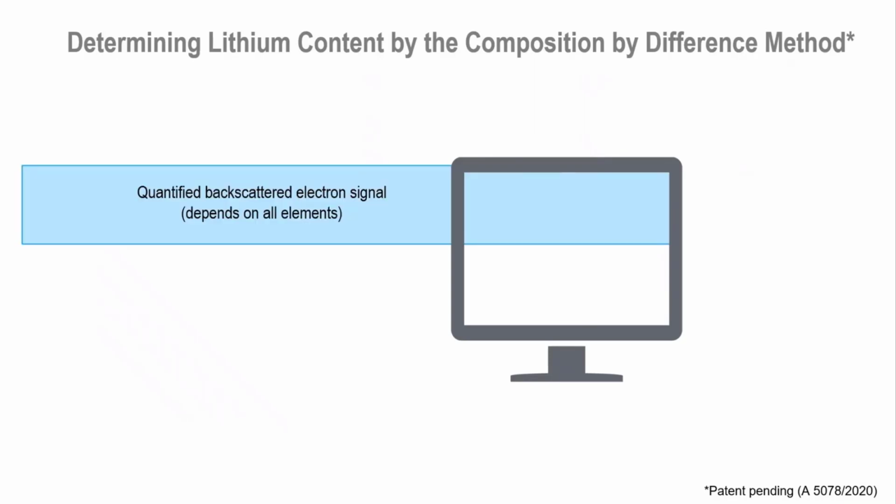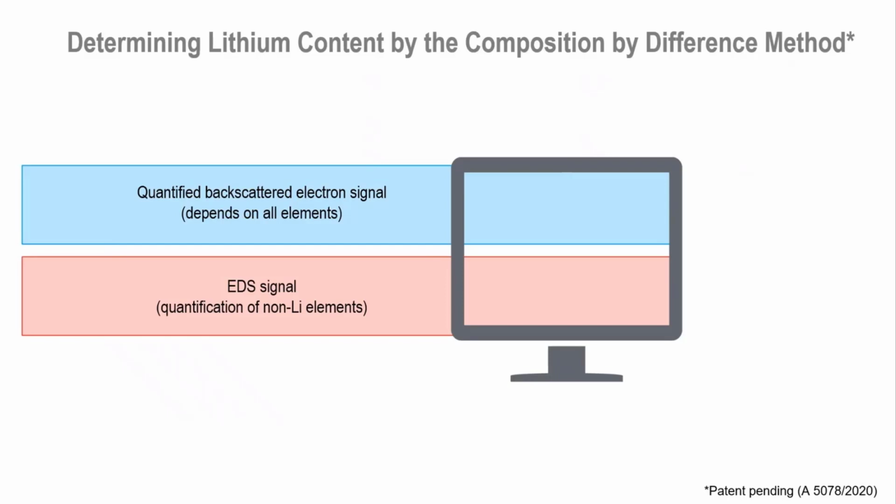So in this approach, we take the backscattered electron signal, which depends on all elements, and we quantify that. This allows us to determine the mean atomic number of a region of interest that we're analyzing. From the same region of interest, we also collect the EDS signal. And from the EDS signal, that allows us to quantify the non-lithium elements within a sample.